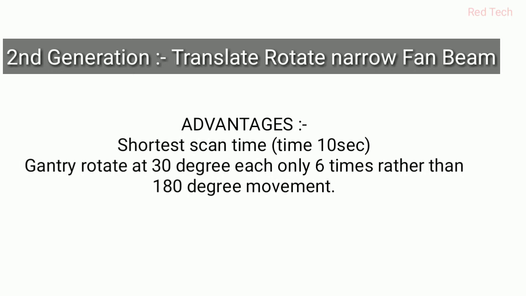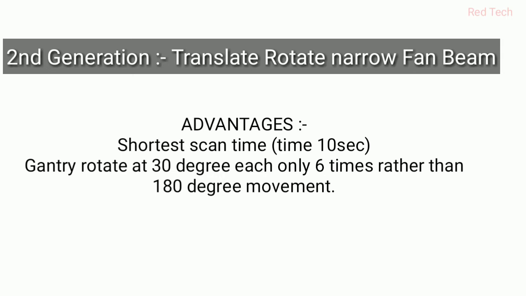Now talk about advantage. The advantage is that by using more detectors, the scan time reduces to 10 seconds and the gantry rotates 30 degrees each, only 6 times, rather than a full complete 180 degree movement.